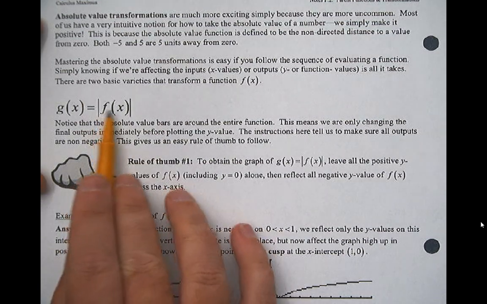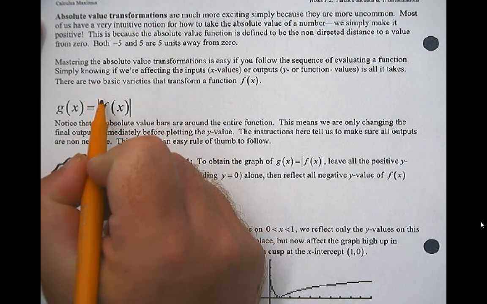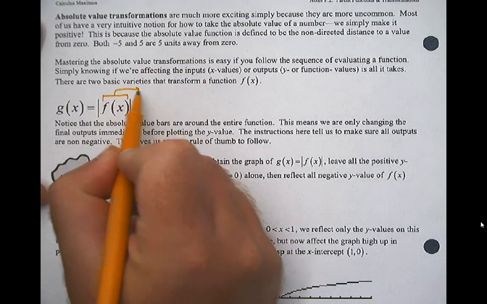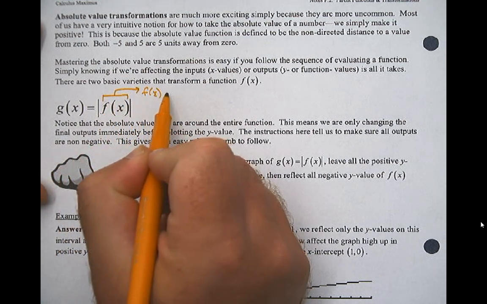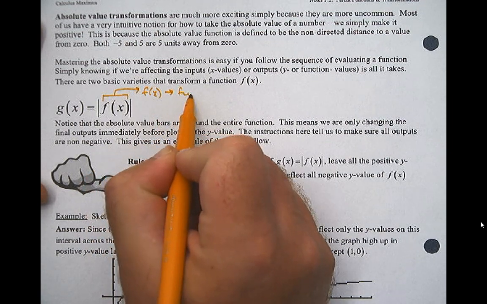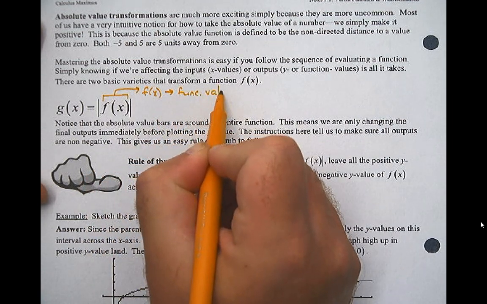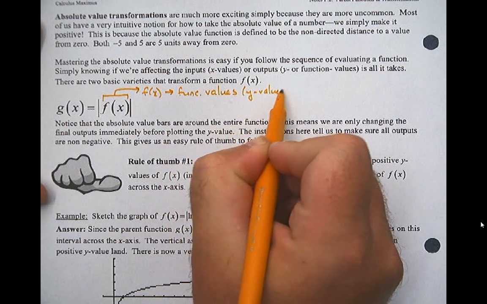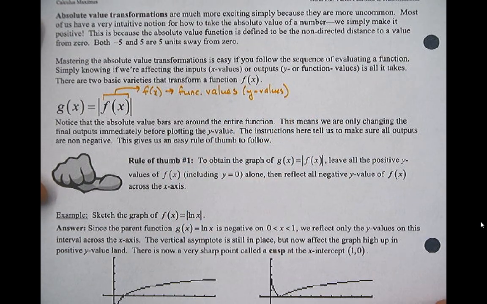If you take, what are these again? f of x are your function values, y values. And what's weird is you bounce back and forth between those terms, so be comfortable with either way. So f of x are your function values, are your y values.